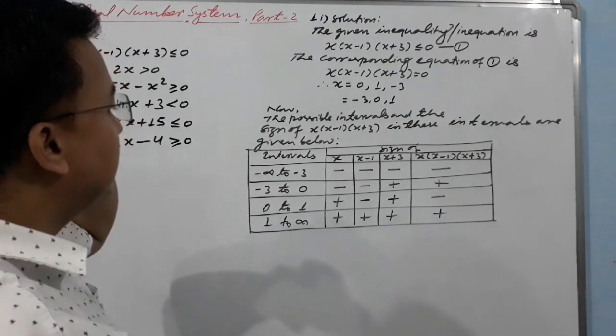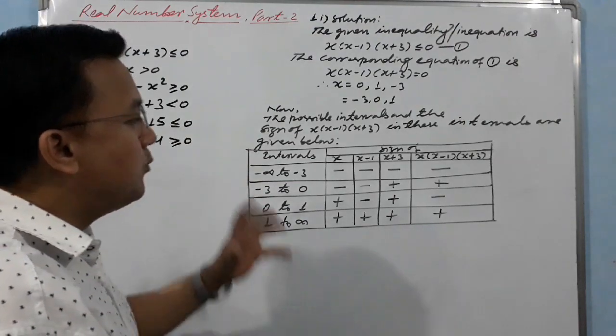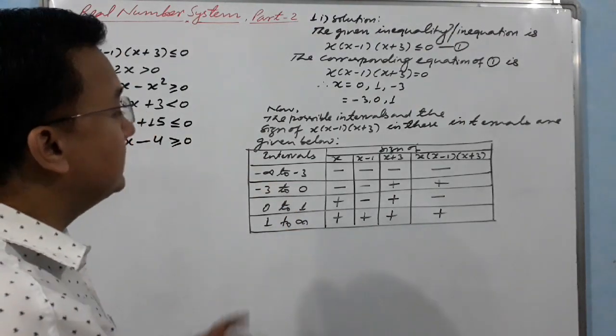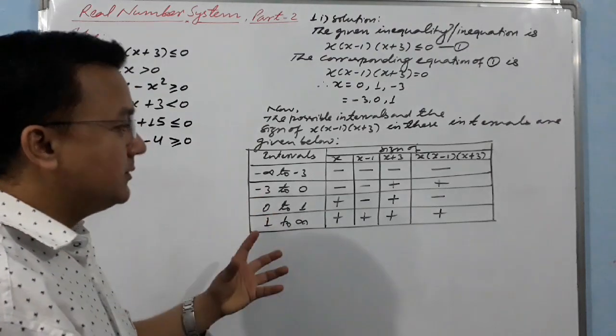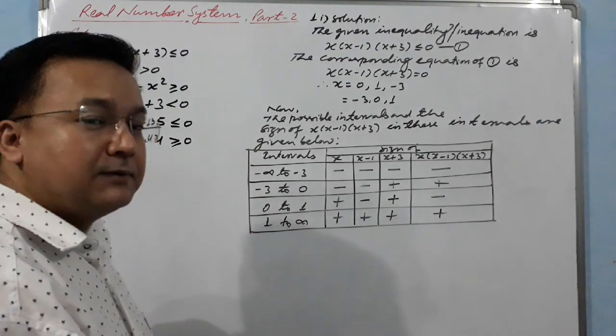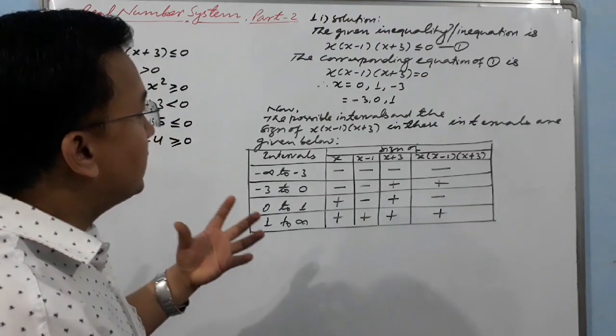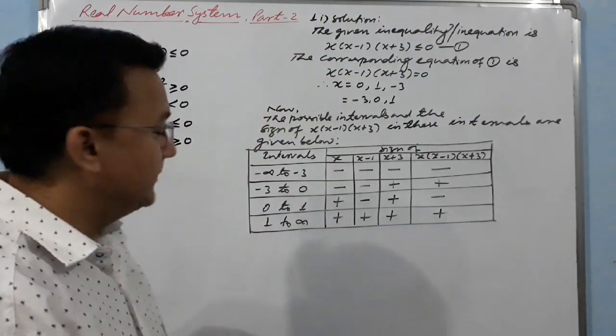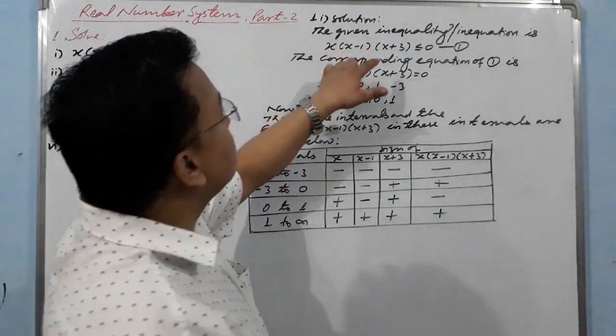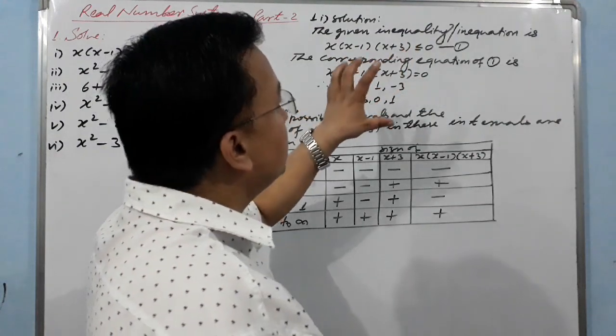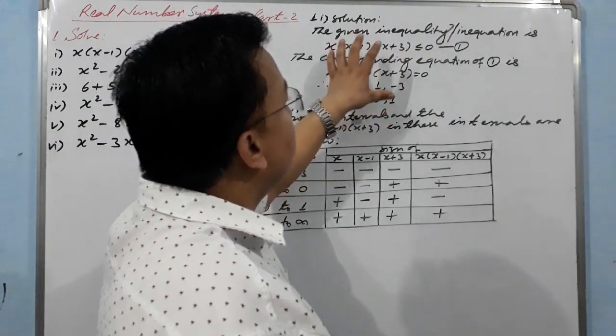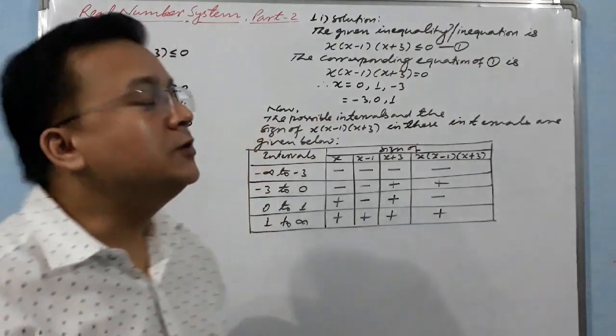Now the next important work: how to select the solution. How many intervals are there that provide the solution for this inequality? After putting the values of x, we must have less than or equal to 0.